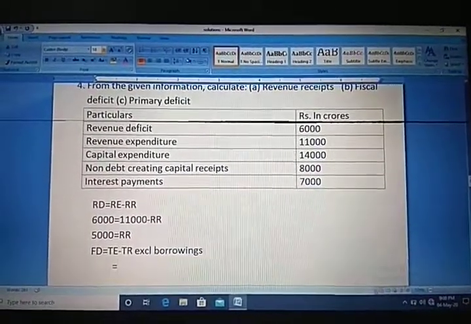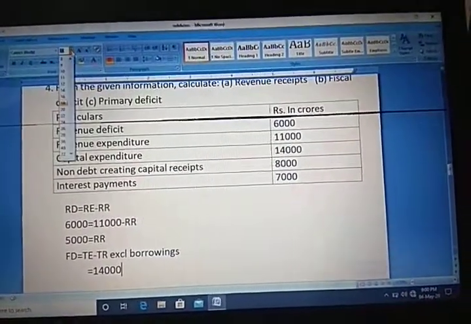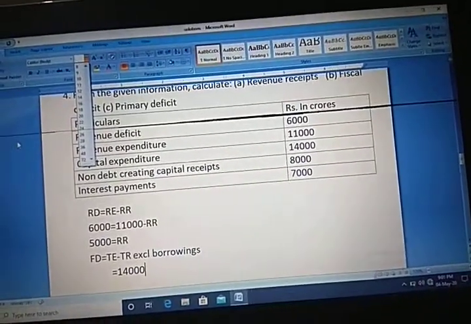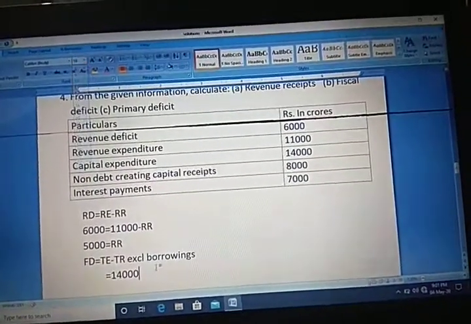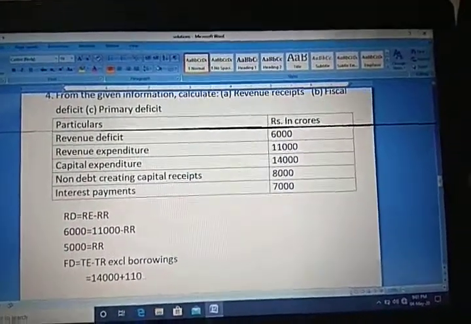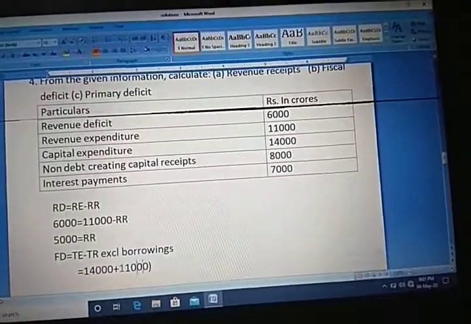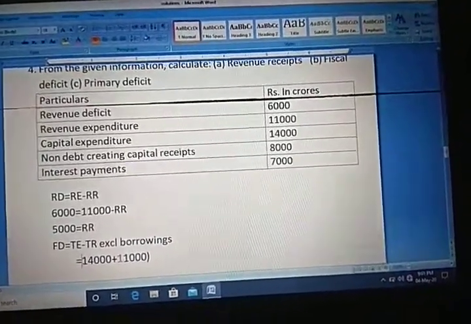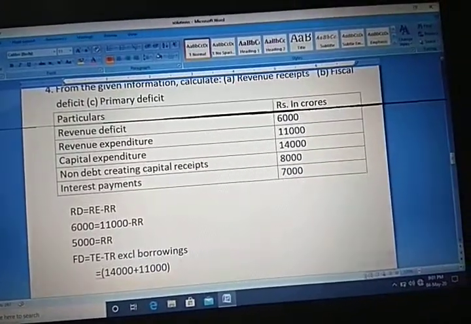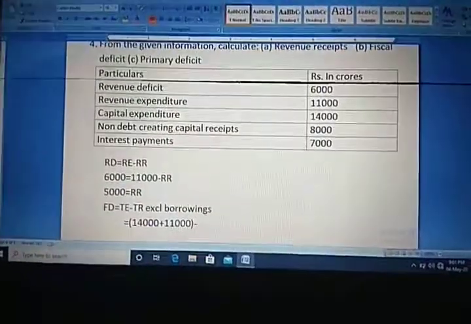Total expenditure is equal to capital expenditure plus revenue expenditure. In this case, capital expenditure is given as 14,000 plus revenue expenditure, which is given as 11,000. I am putting this in brackets to separate it from total receipt. Now minus total receipt excluding borrowing.